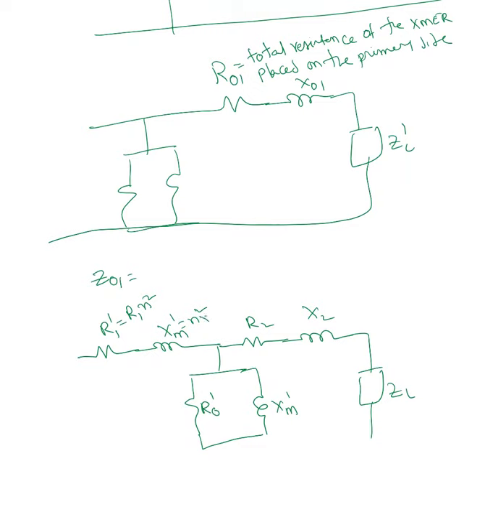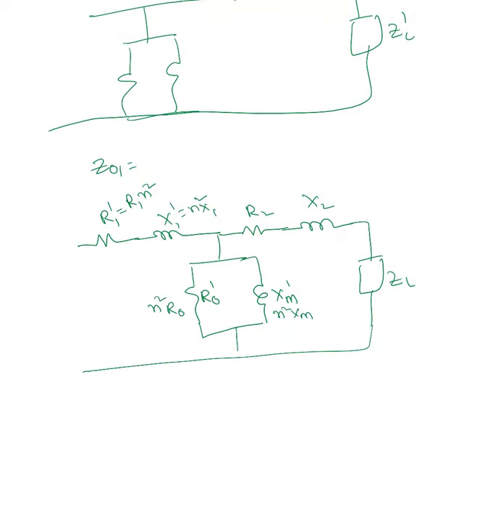So n square times X1, here also n square times R0 and n square times XM. Now same thing, this I2 current is coming over here.